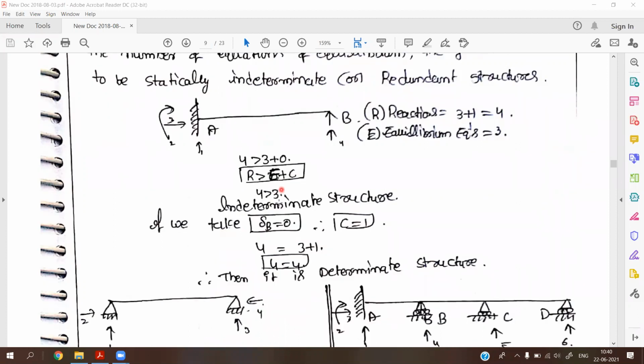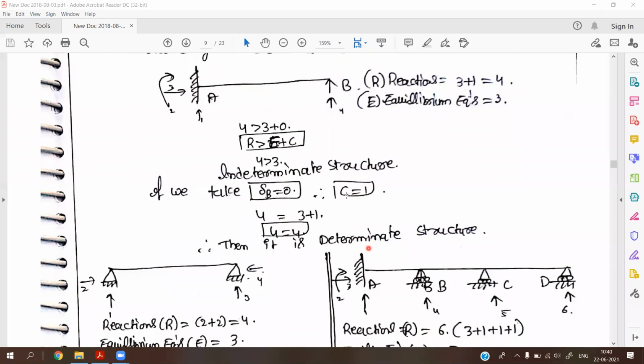By using this, we can also find out how many compatibility equations are required for this beam, in terms of the degree of freedom. So degree of freedom or compatibility equations both represent how many compatibility equations are required to analyze the beam. For the propped cantilever beam, we need one compatibility equation.